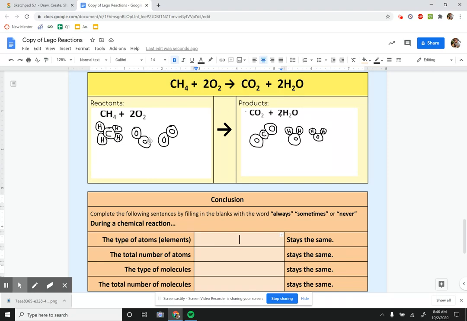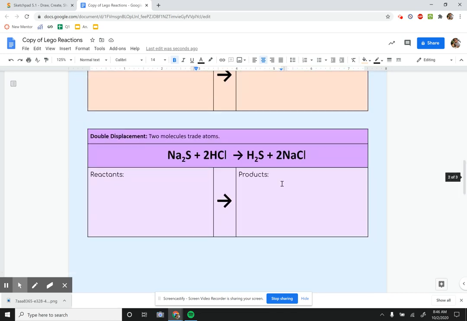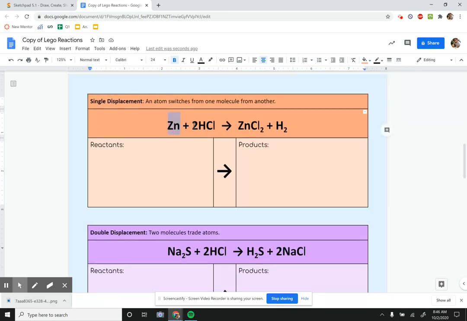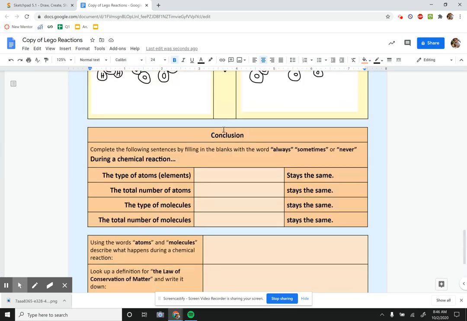So the type of atoms that we had over here, C, H, and O, are the exact same type of atoms we have over here, C, H, and O. And if you go through the rest of the examples, you'll see that's true. Like over here, we have zinc, we have hydrogen, and we have chlorine. And if you look in the products, we have zinc, chlorine, and hydrogen. So the elements always, I'm going to put it in caps, ALWAYS stay the same.